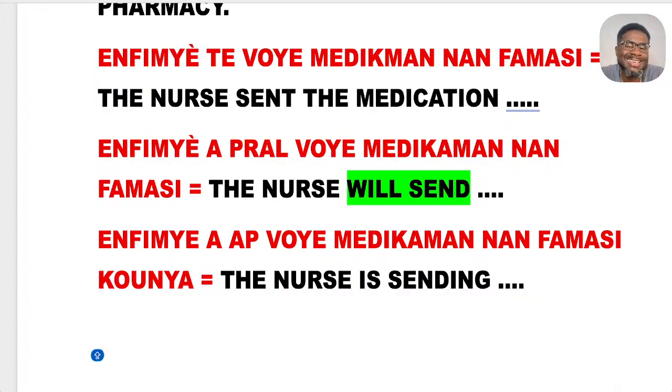The nurse is sending. And for the present perfect now, which is very simple, but you got to be careful because now we're talking about the nurse. M'pa parler de moi-même kounya la. Ok, so infirmier a déjà voye médicament dans present perfect là.